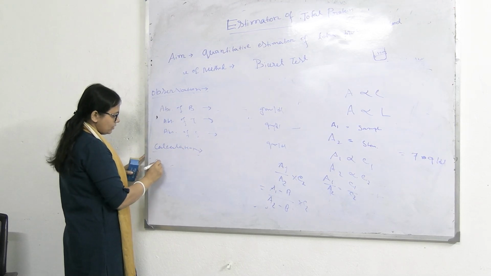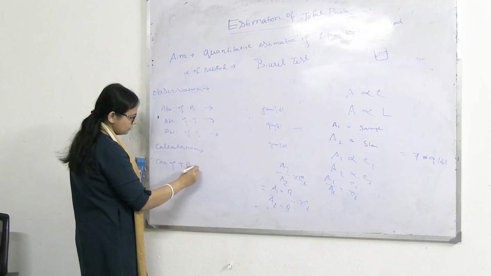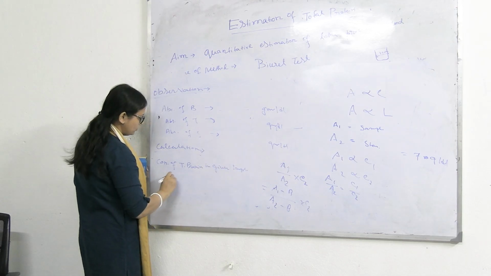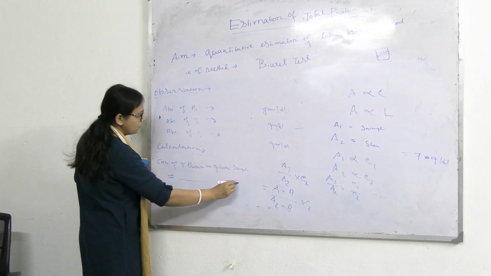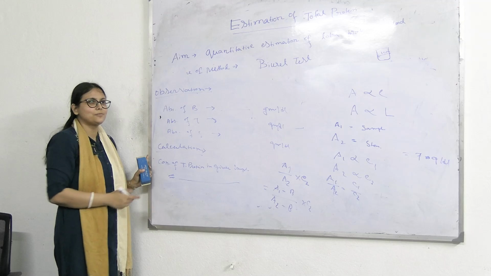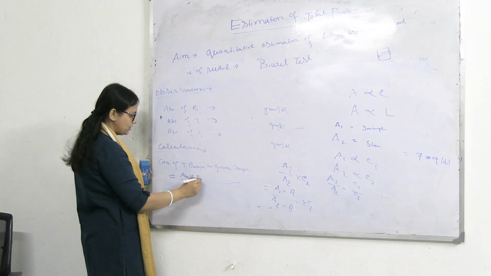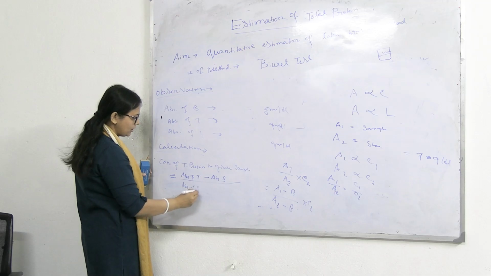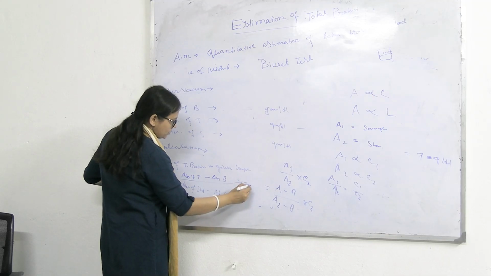So calculation is concentration of total protein in given sample equal to কি হবে বল, concentration of total protein in given sample equal to কি ফর্মুলা বল, absorbance of, লেখাই তো আছে, absorbance of টেস্ট, A1 মানে তো টেস্ট বলেছিলাম, মাইনাস absorbance of blank divided by absorbance of standard minus absorbance of blank into concentration of standard.